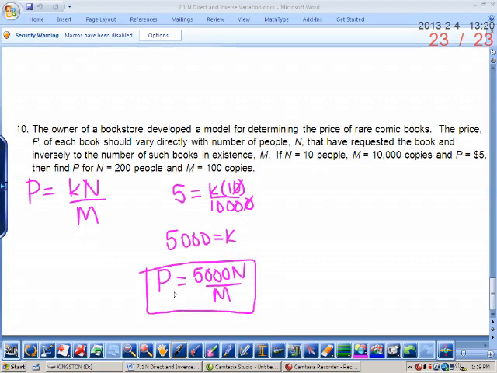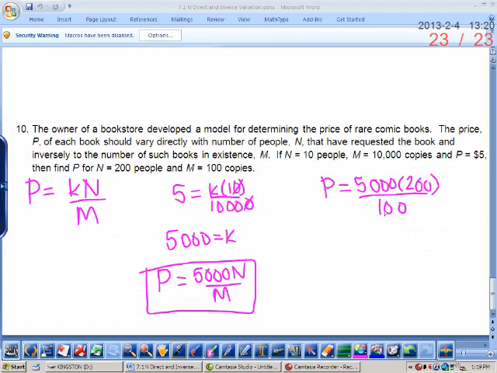Yes? And then what are we asked to find? P, the price. So we have 5,000 times 200 over 100.